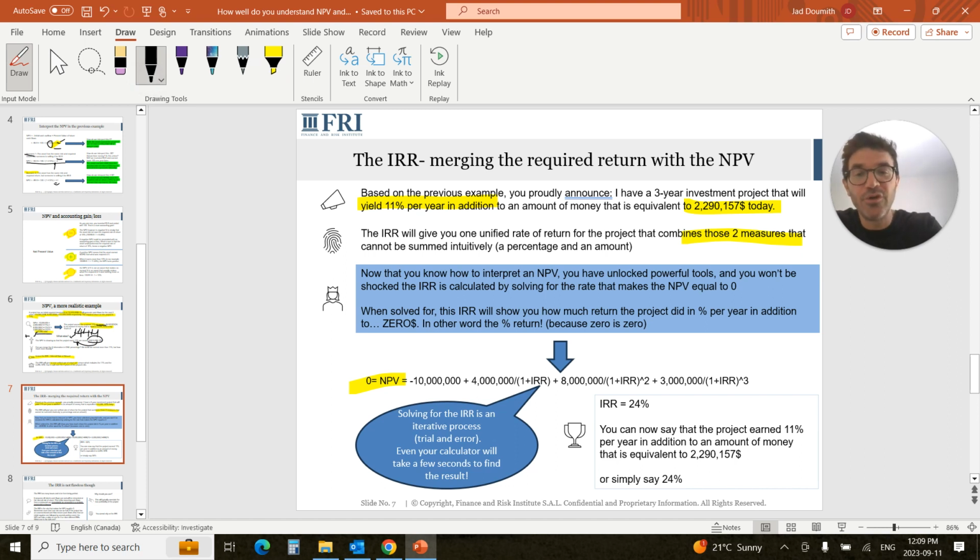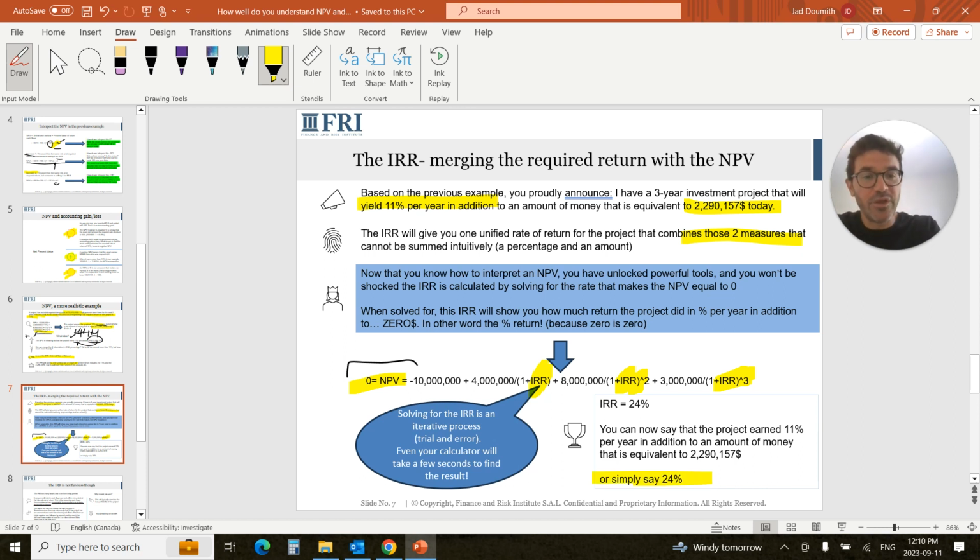Now that you know how to correctly interpret an NPV, you know that if the NPV is 0, it means that the project achieved the required rate of return plus 0, which simply means that the project exactly achieved this required rate of return. By setting the NPV equal to 0 and solving for the discount rate that actually makes the NPV equal to 0, you are perfectly building on your flawless interpretation of NPV.